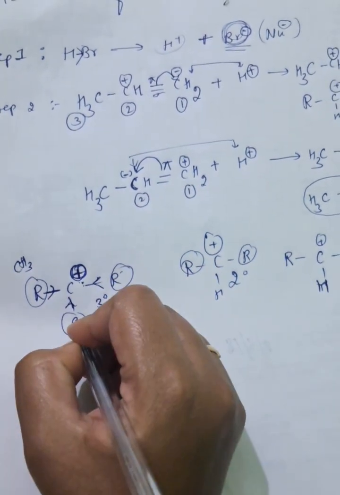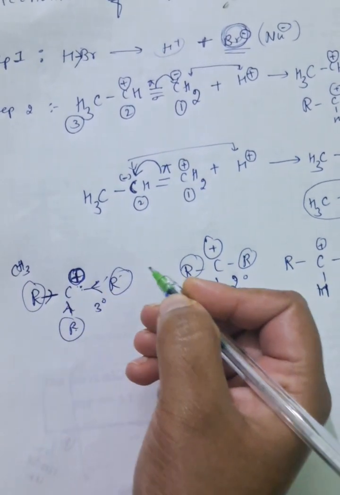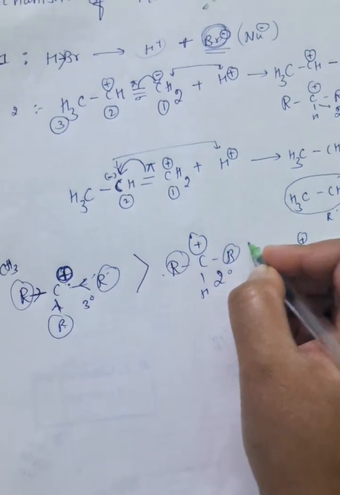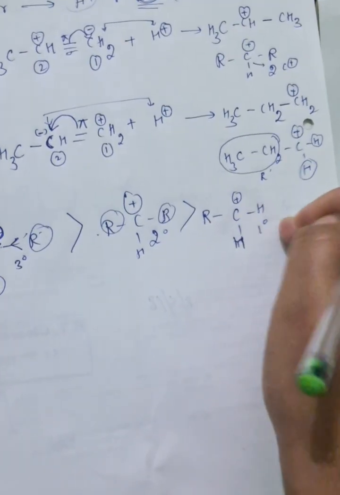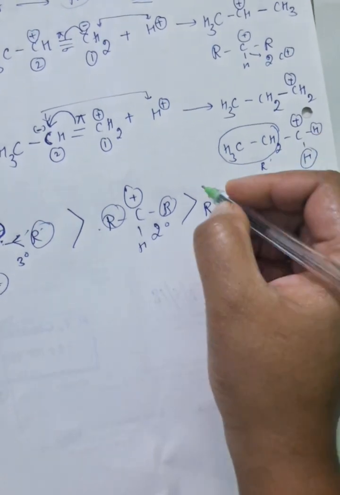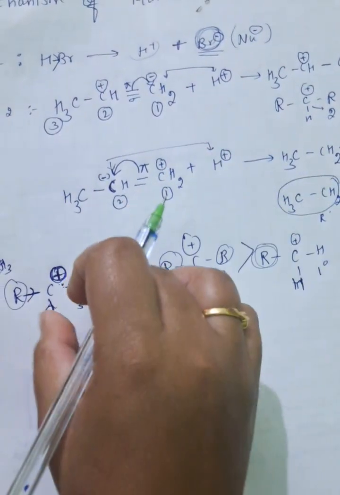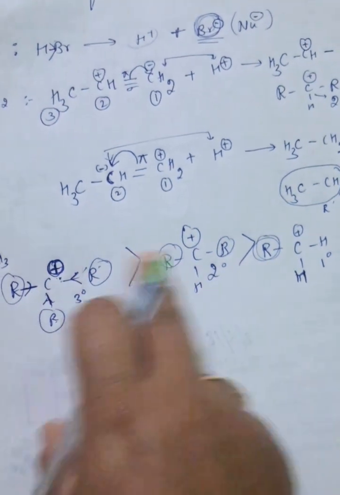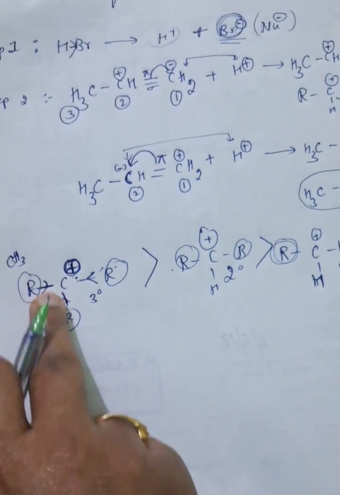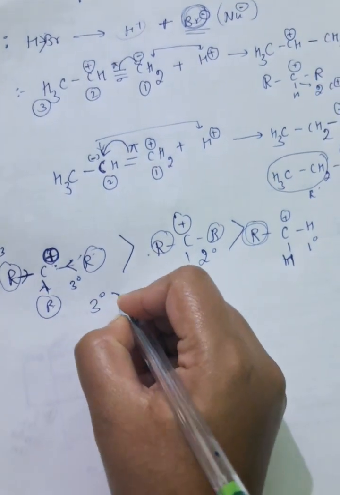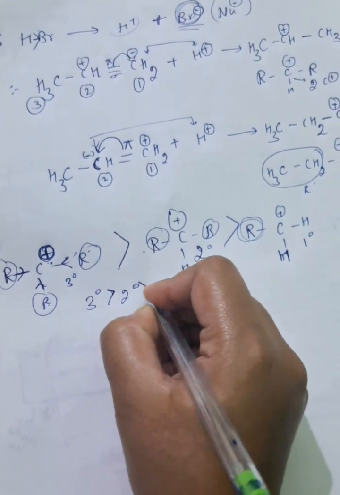So since we have 3 alkyl groups, it is more stable. Here only 2 alkyl groups, so it is less stable. But in primary carbocation, it is very less stable because there's only 1 alkyl group. Okay, so in order to know the stability, you should see this. Tertiary carbocation is more stable compared to secondary, compared to primary.